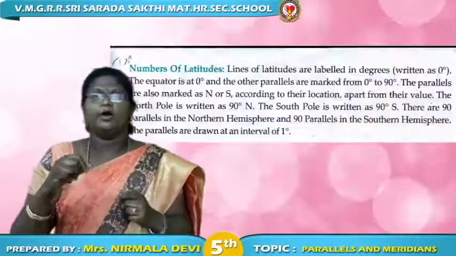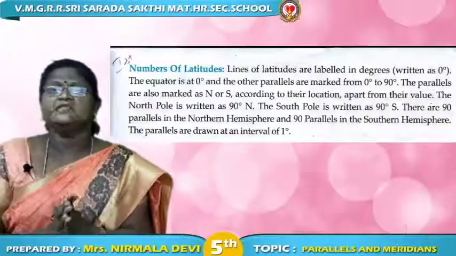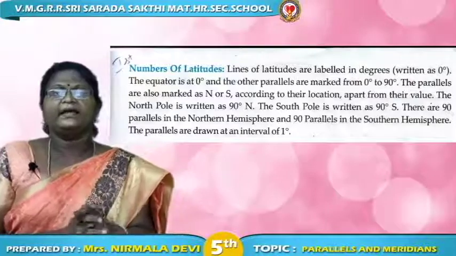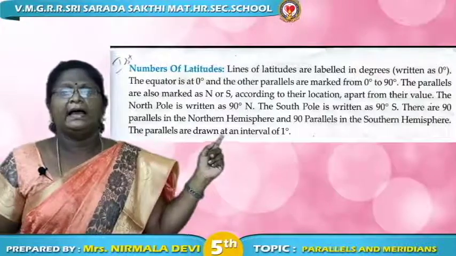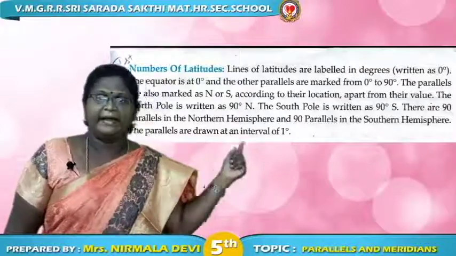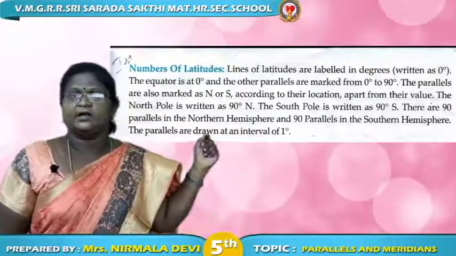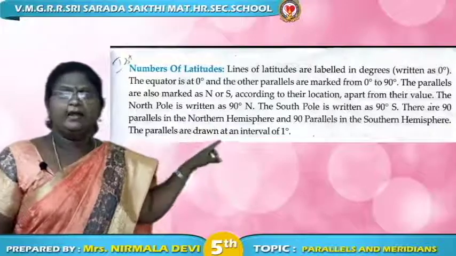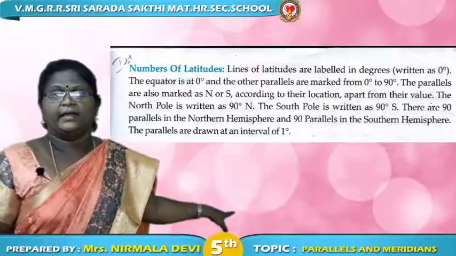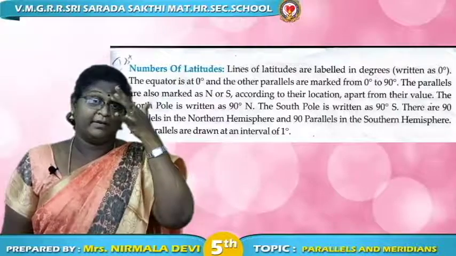Okay. Next, number of latitudes. Lines of latitude are labeled in degrees. The equator is at 0 degrees and the other parallels are marked from 0 to 90 degrees. The parallels are also marked as N in the northern hemisphere or S in the southern hemisphere, according to their location apart from their value.